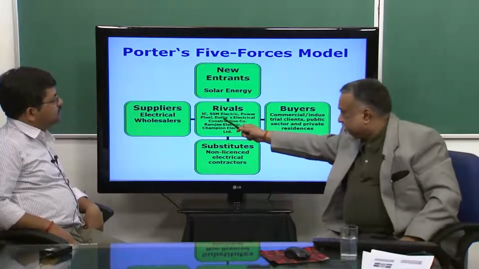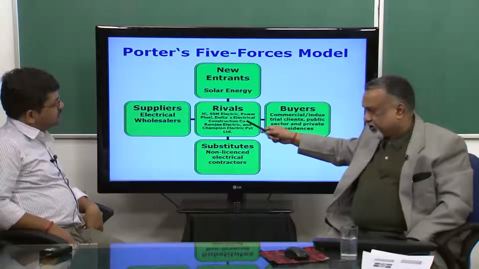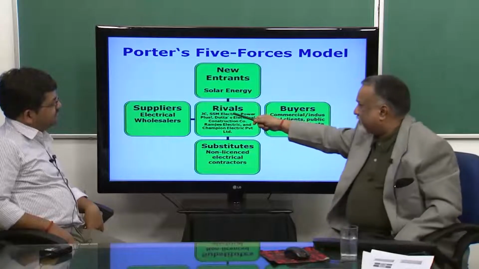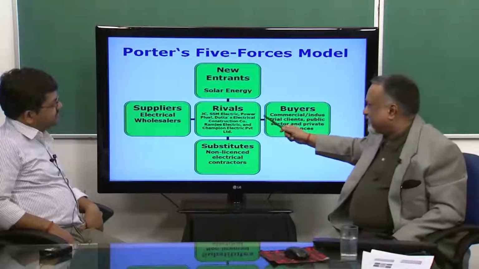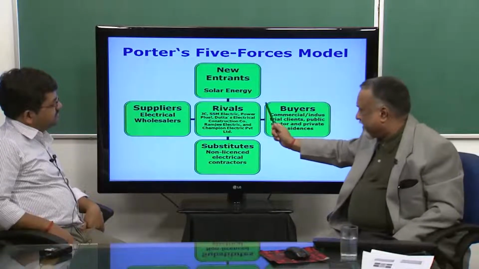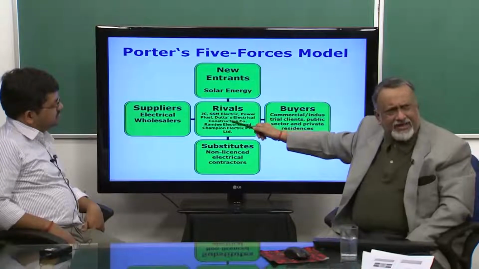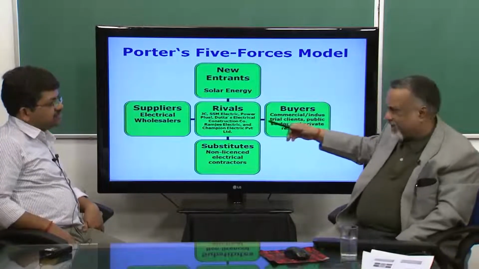And this is the competitive arena, the rivals. So, there is my company, there is Professor Mishra's company, and there are many other companies, Datta's Electrical Construction Company, Ramji Electric, all imaginary names, but quite real. If you go to Delhi or you go to Calcutta, this is how it will be.